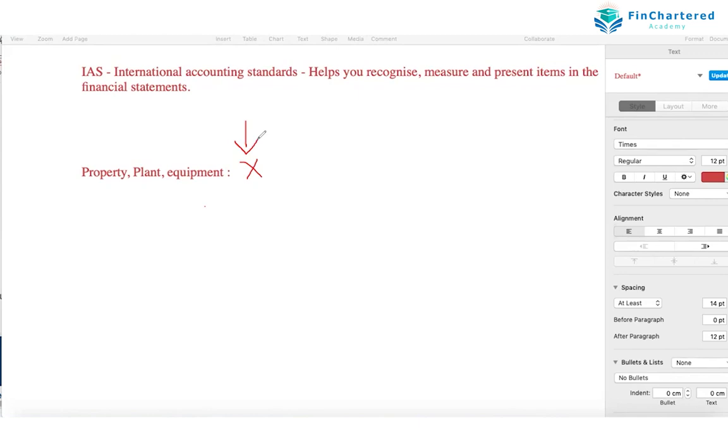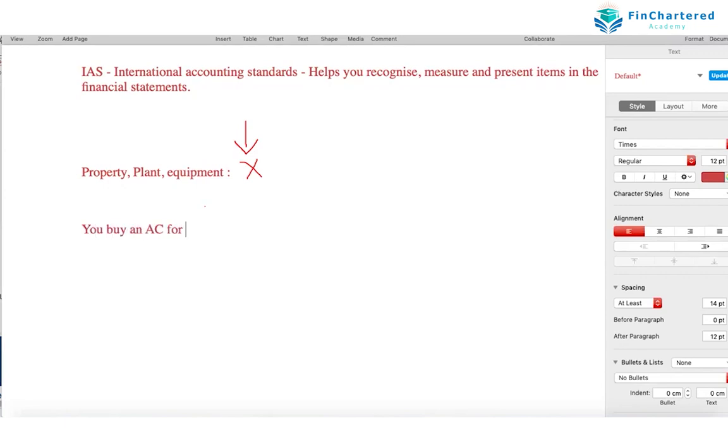So let me put it this way. I'm using the same example as in the demo. Suppose you buy an AC for 50,000. You can easily say this AC is worth 50,000, so I'll put 50,000 over here.